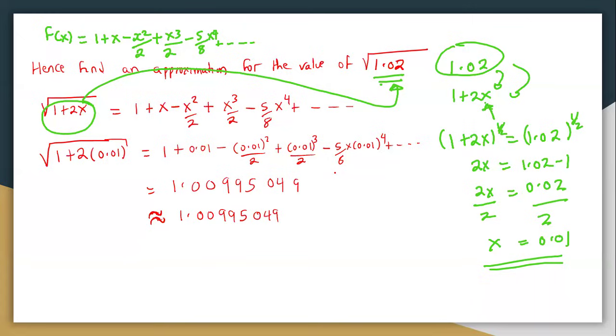So to get the error, you take the original value, get the new value you are getting through approximation, and then you find the error the way you do it on the other paper.